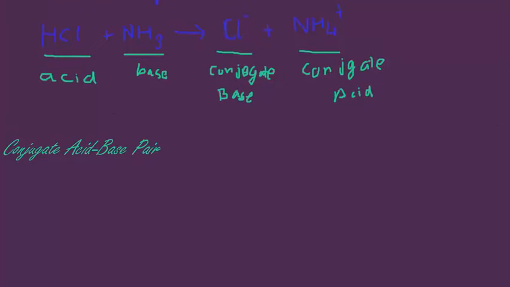So we'll see what a conjugate acid-base pair is here in more detail. Let's take an example for that. It will help us. Suppose we have some hydrogen fluoride. It's a weak acid, so it's in an equilibrium reaction with the fluoride ion. So we remove a proton here and we add a proton here. This over here is an acid.